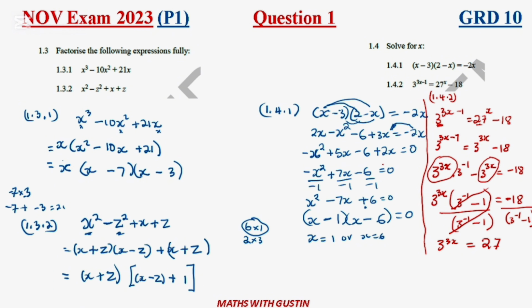All right, so now with that we know that 27 we can still change to 3 to the power of 3, which gives us 27. If the bases are the same and you are solving for x, it means the exponents are also equal. So you're going to divide by 3 here, divide by 3, x is equal to 1.